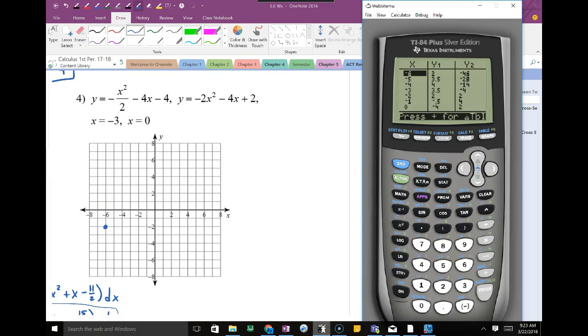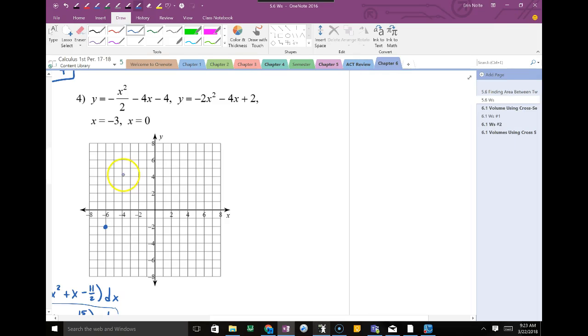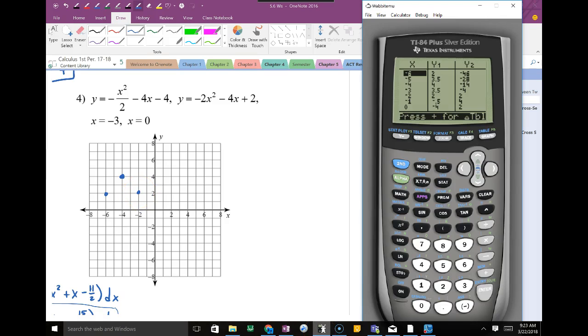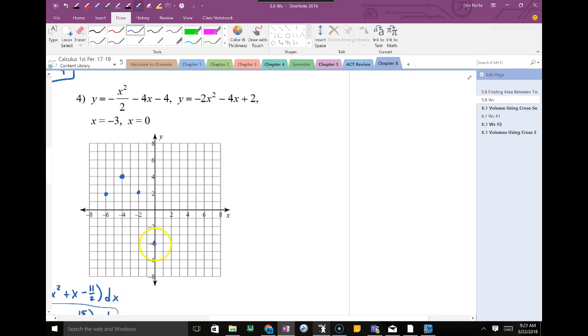And then it looks like it maxes out at negative 4, 4. So that's going to go there. And we need to get to 0. 0 goes to negative 4. So something like that.